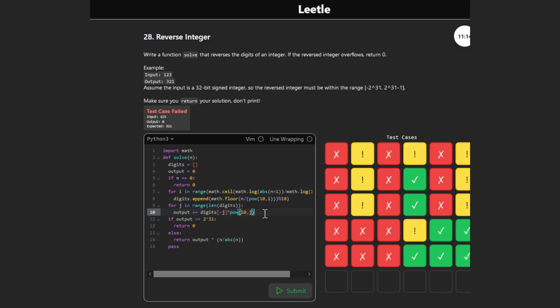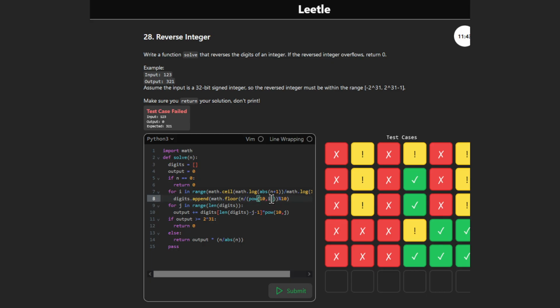Or wait, no, because it should be minus j. It's going to be minus 0 at first. That's where it's going to break. It's going to be minus j minus 1. Okay, I'm going to replace that entirely just to make sure I'm doing it correctly, with len of digits minus j minus 1. That should just work then.